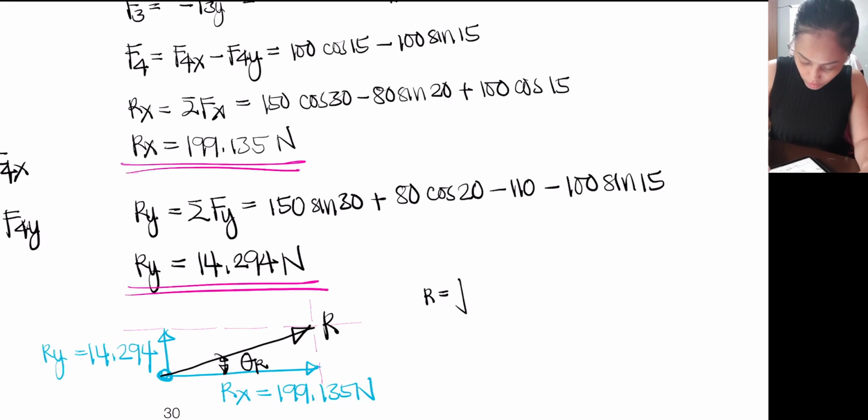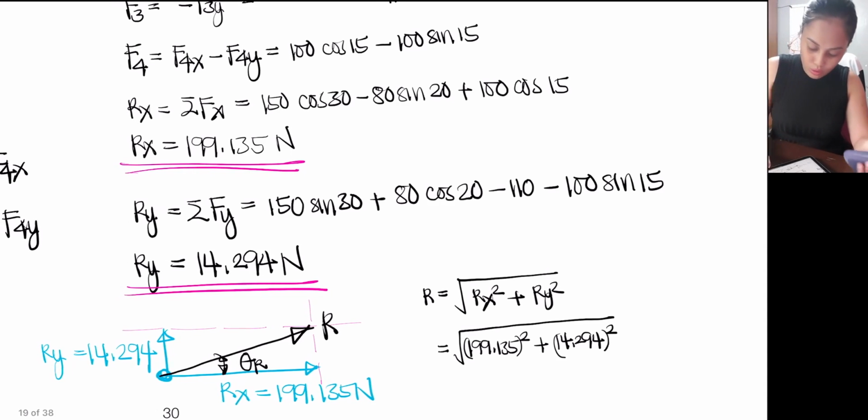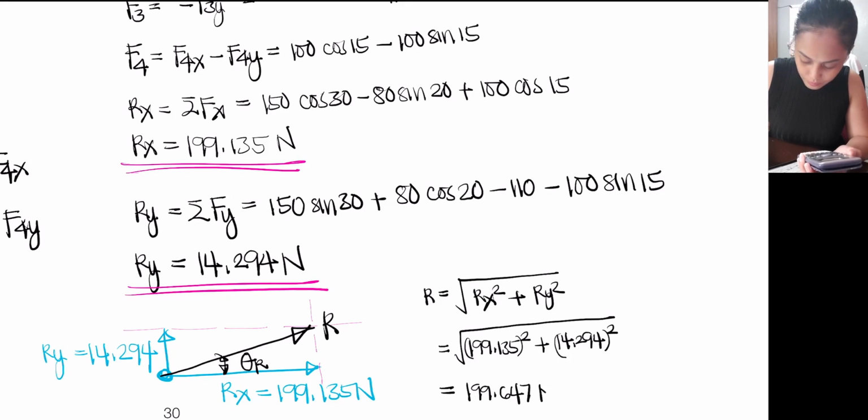R is equal to the square root of Rx squared plus Ry squared, which is the square root of 199.135 squared plus 14.294 squared, or 199.647 newtons.